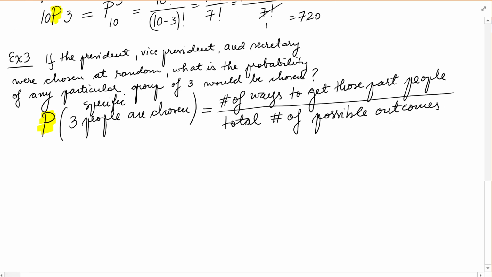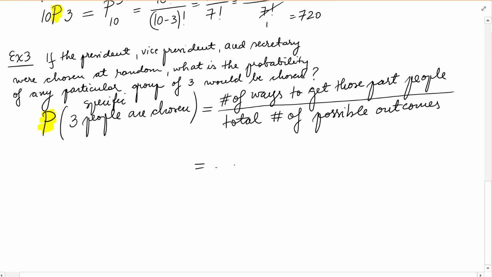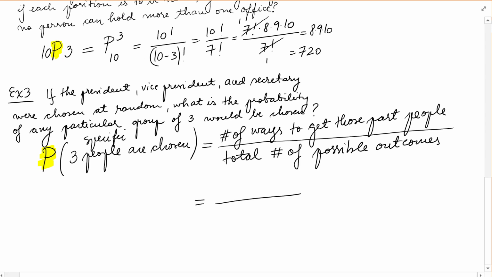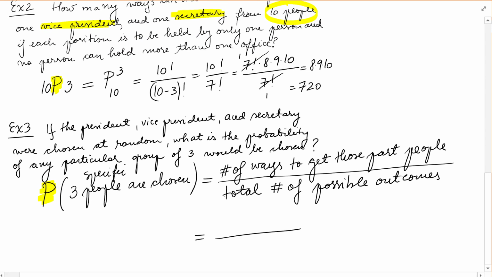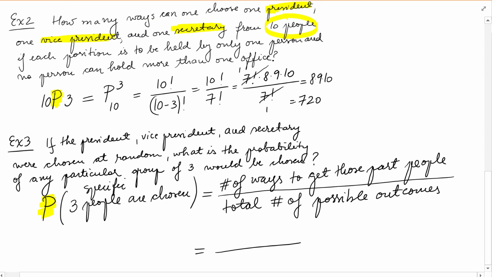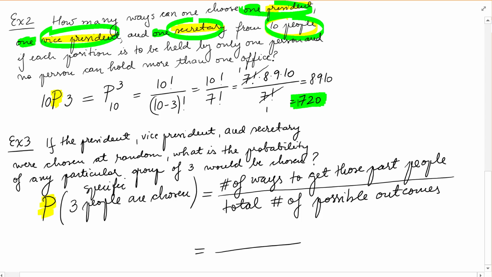In this case, the total number of possible outcomes was calculated in example 2, because out of 10 people to choose for these specific 3 positions, it's given by permutation of 10 taken 3 times. So that is the denominator of 720.